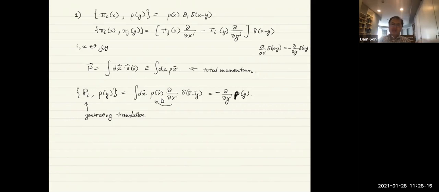In quantum theory, that means the commutator of this operator with any operator is the derivative of that operator. So here is the Poisson bracket, the classical version of that.